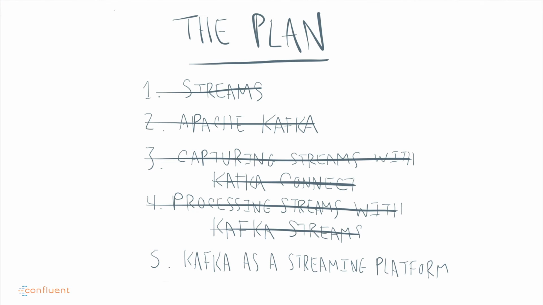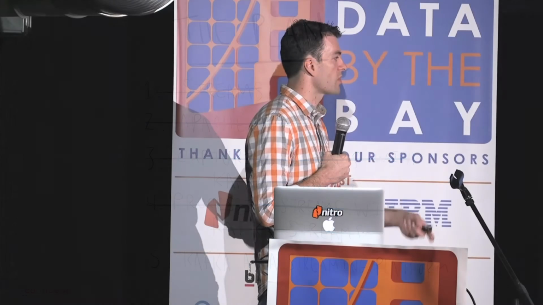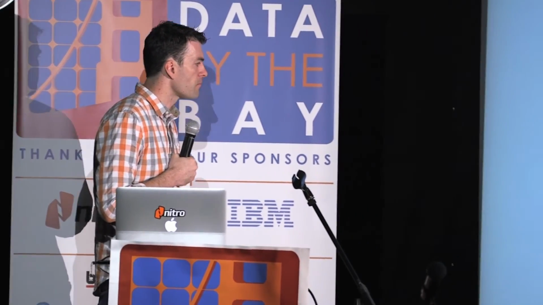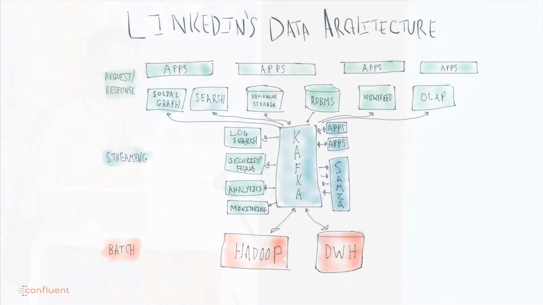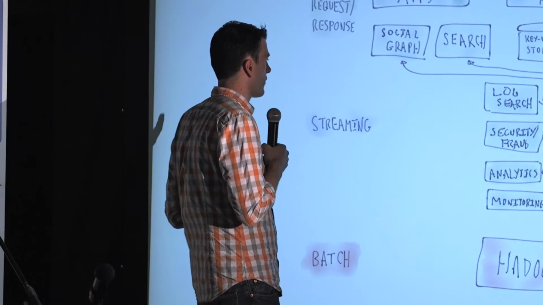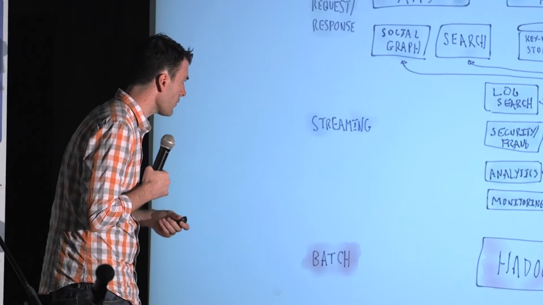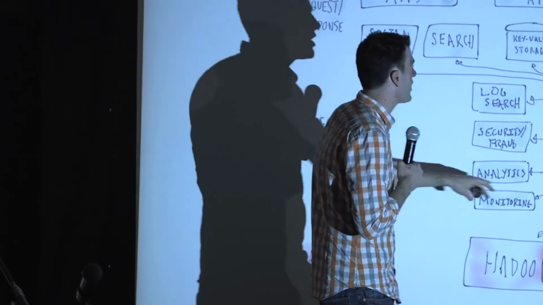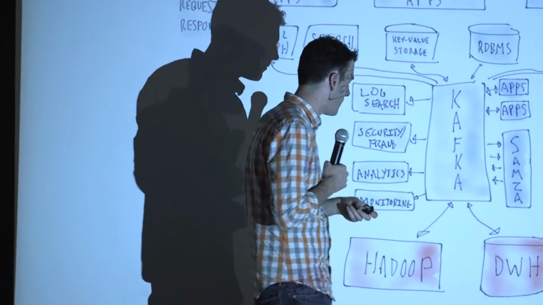OK, so those were the two new features that I was interested in introducing. Kafka Streams will have its first full release in the next week. And I'll talk a little bit about how these come together. A few of us had the opportunity of doing this at large scale at LinkedIn, where Kafka acted as this streaming backbone for all these different types of data and supported a whole ecosystem of real-time things.